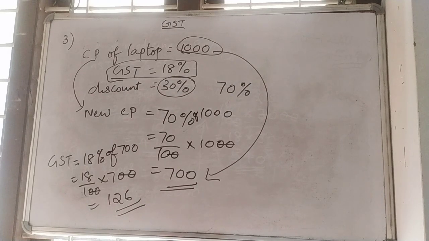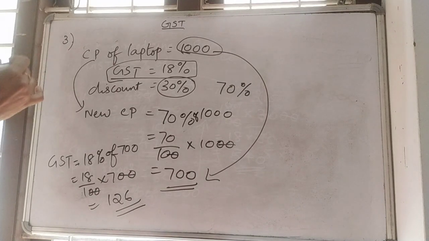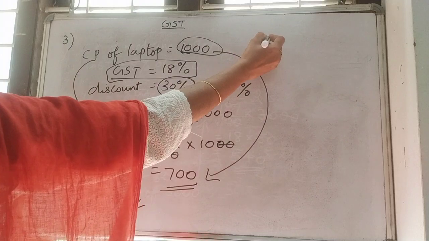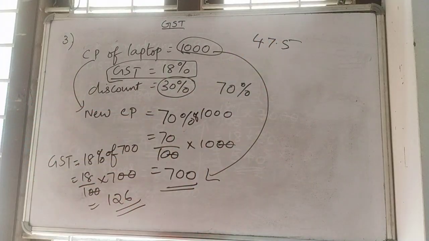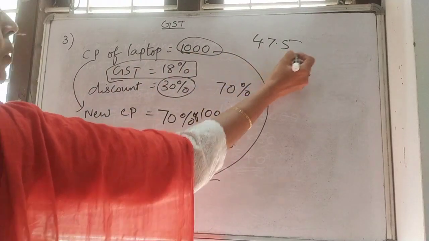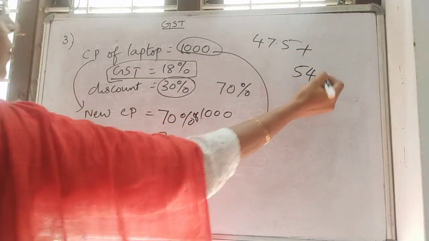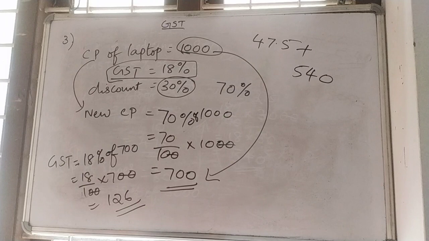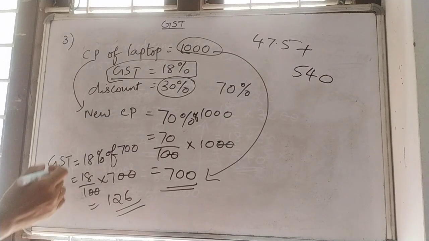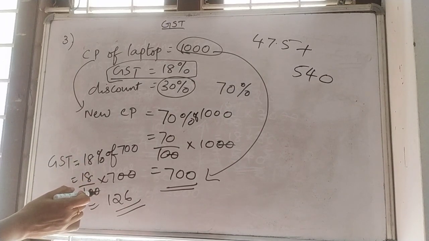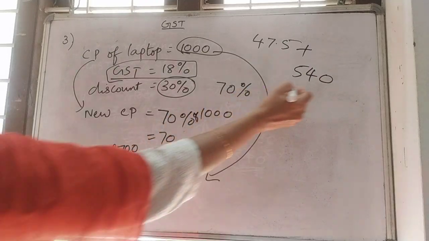Then our question is, calculate the total amount of GST paid. For the medicine we got GST as 47.5, and for shoes we got the GST as 540, and for the laptop we had to pay 126.